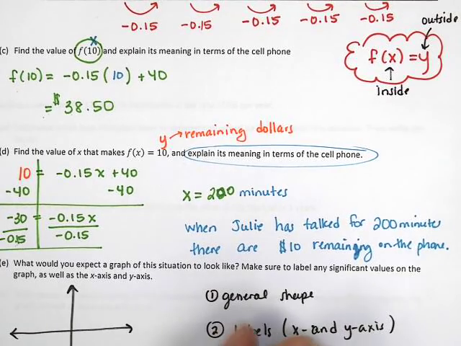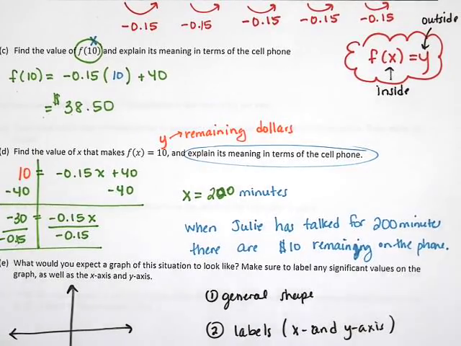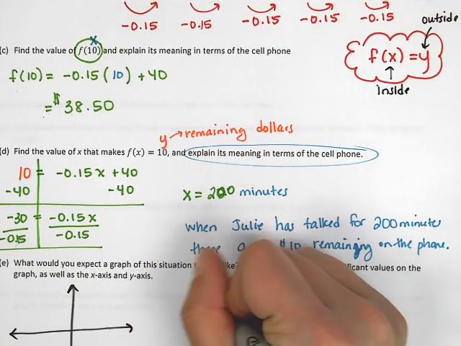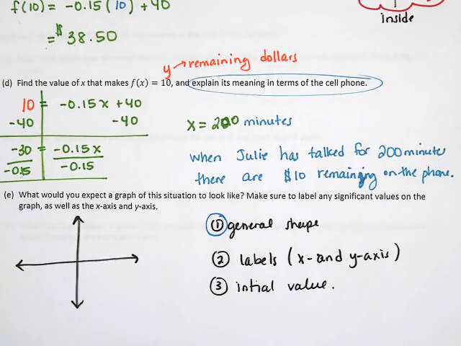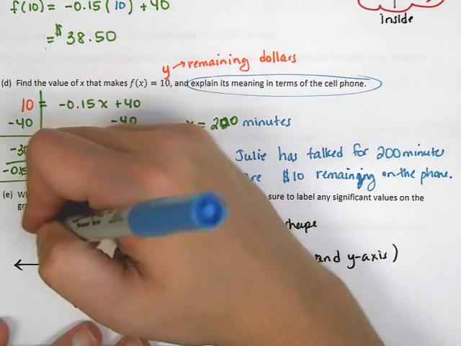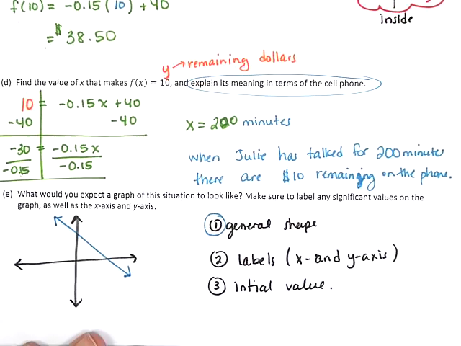And I'm going to look for the initial value labeled. So, general shape, let's start with that. Since this is a linear function, it's going to be a line. And since the pattern is that we are subtracting the same amount every time, it's going to be a line whose slope is negative.